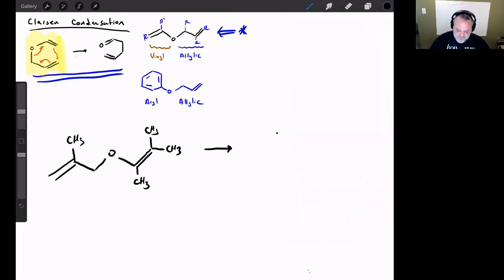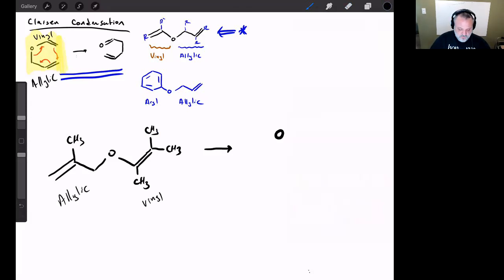And so it's okay if I just start out with drawing my oxygen in one location. And then think about what this side is. This is the vinyl side, and this is the allylic side. And so let's just draw it like that so that it's correct. Here's the vinyl side here, and here's the allylic side here.